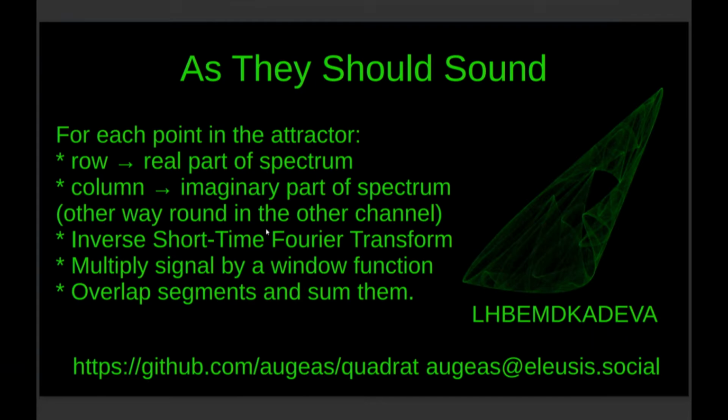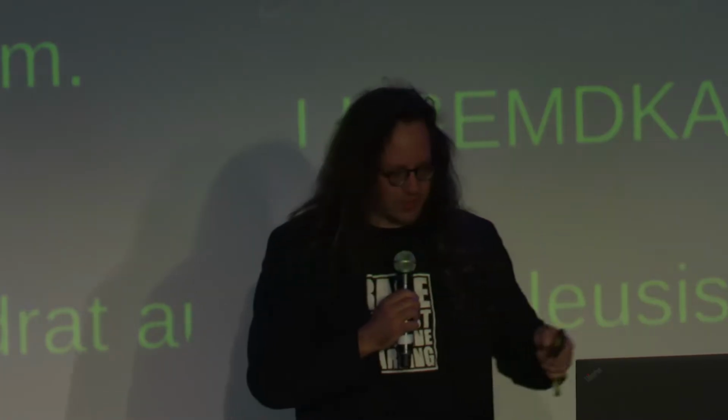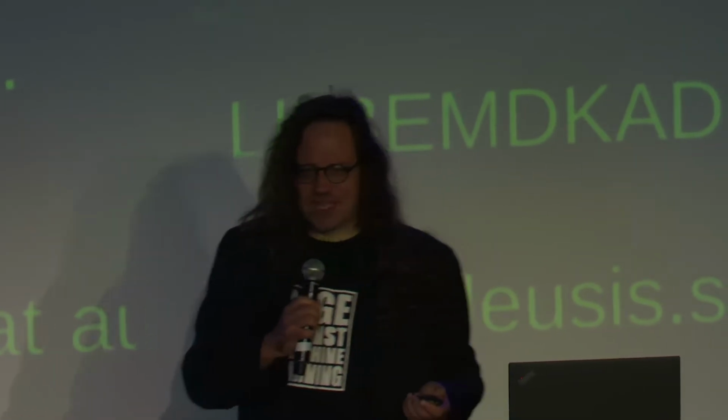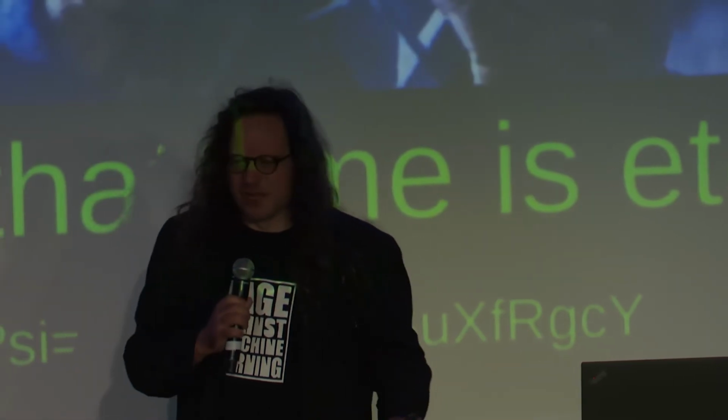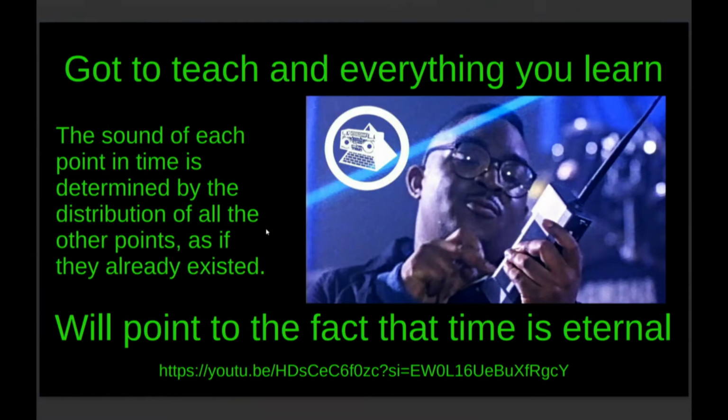But hang on. Each individual point is in strict sequence, but the sound it makes is determined by all the previous points and all the points to come. Is that valid? I needn't have worried. You got to teach, and in everything you learn will lead to the fact that time is eternal.